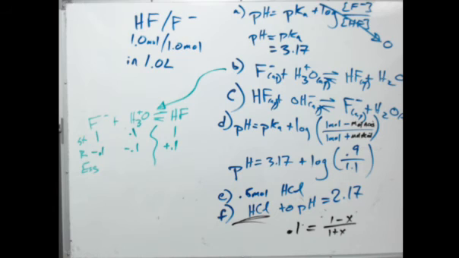Totally works mathematically. However, notice, at that point, you're actually going to be outside of your buffer range. Your excess small approximation might start to fail. So we have to have that extra kind of thought when we start doing this. We can't just mindlessly do the math. Math is not hard. It's the concepts behind the math.